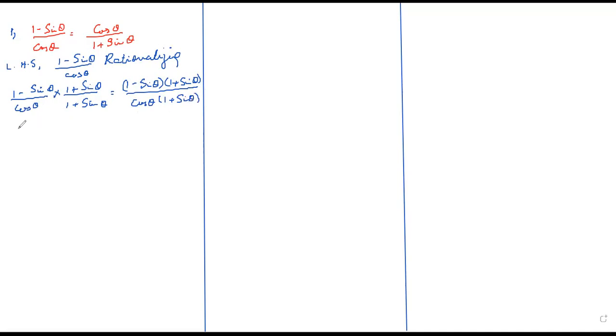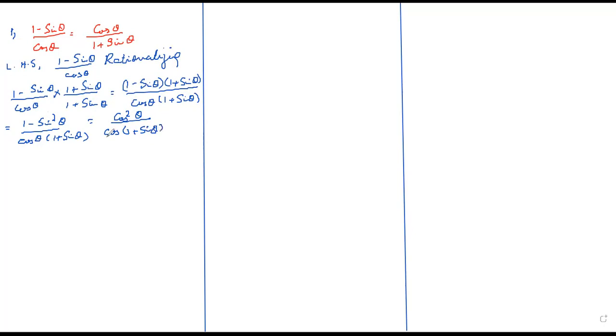So the numerator will be 1 minus sine square theta, divided by cosine theta times (1 plus sine theta). So 1 minus sine square theta is cosine square theta, divided by cosine theta times (1 plus sine theta).